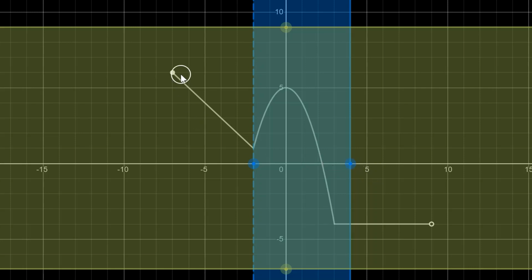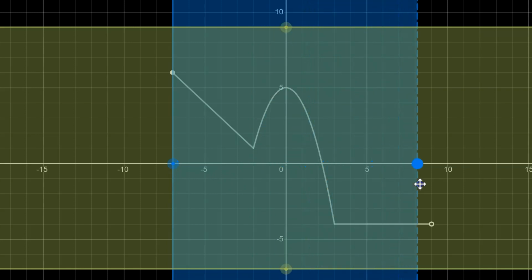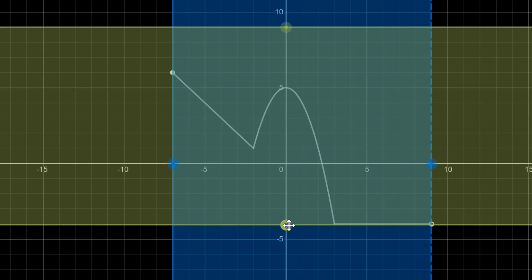So starting with our domain, I see that on our leftmost point, we have a closed point. So I'm going to take the solid line, stretch it over to there, and I'm going to go ahead and take the dashed line, stretch it all the way to our open point. Now, the range, let's start with the bottom, about right here.